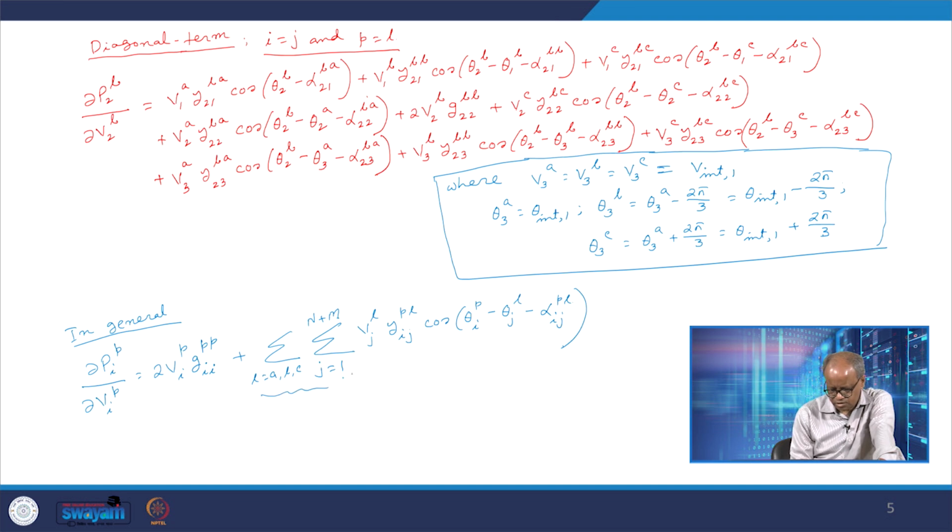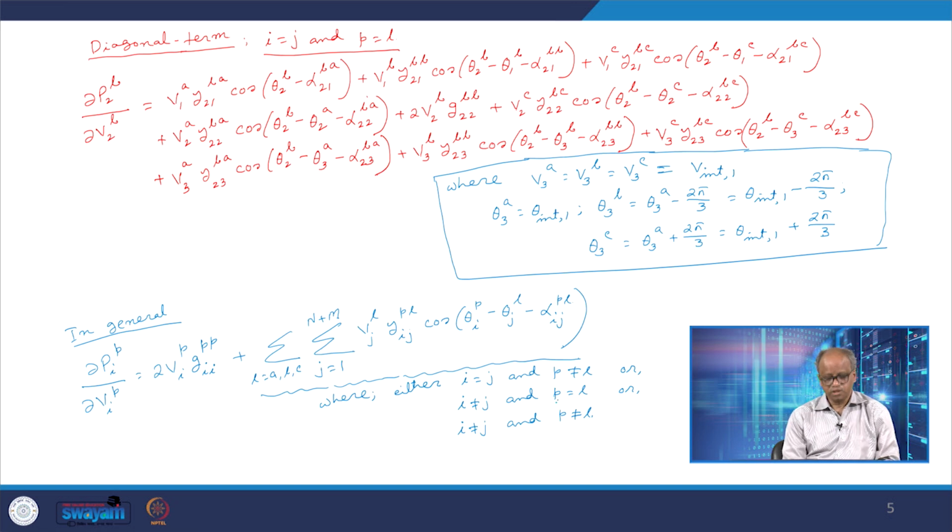Here the condition is either I equal to J and P not equal to L, or I not equal to J and P equal to L, or I not equal to J and P not equal to L. So with these three conditions, this summation will hold good, right.